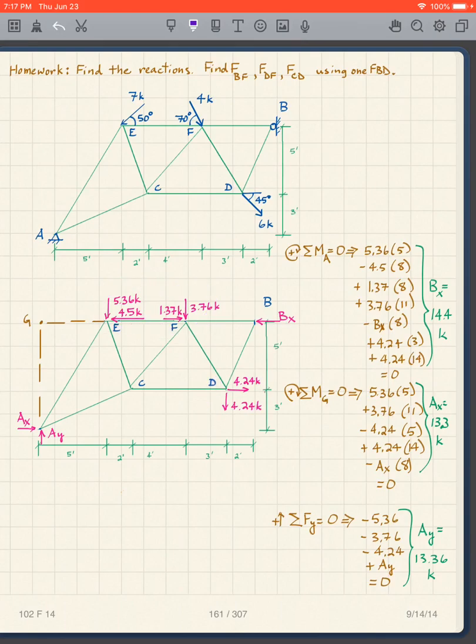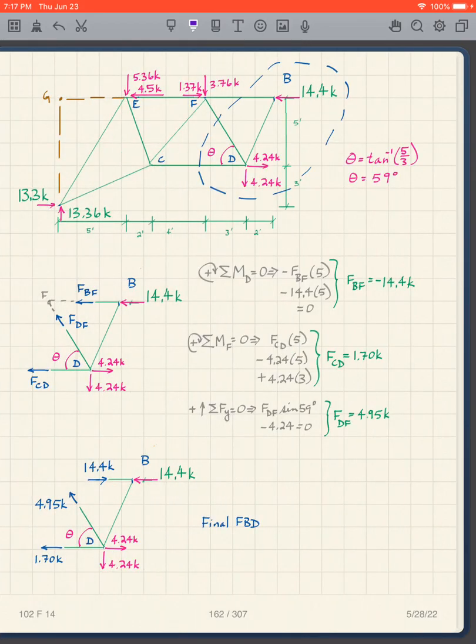And we end up with a final free body diagram that looks like this. I'm going to take this free body diagram because it cuts through all those members that we want. I can use copy and paste, whatever. I end up with that.